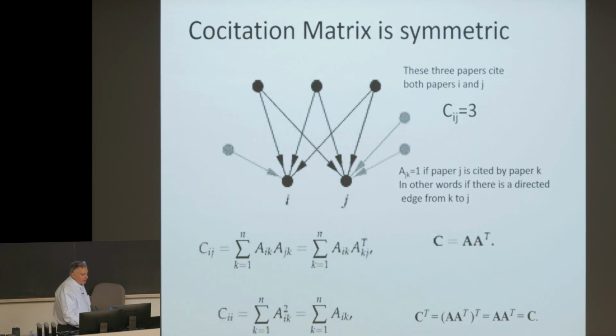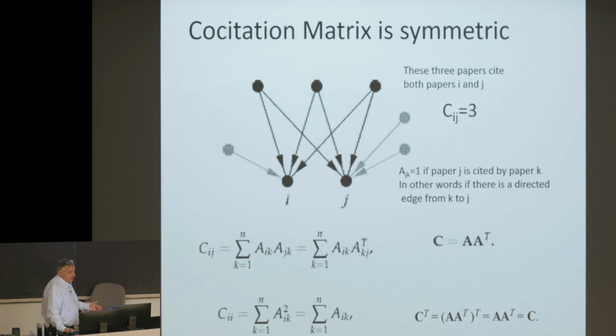So you see, you can actually construct a co-citation matrix, which will be a symmetric matrix out of this citation matrix.